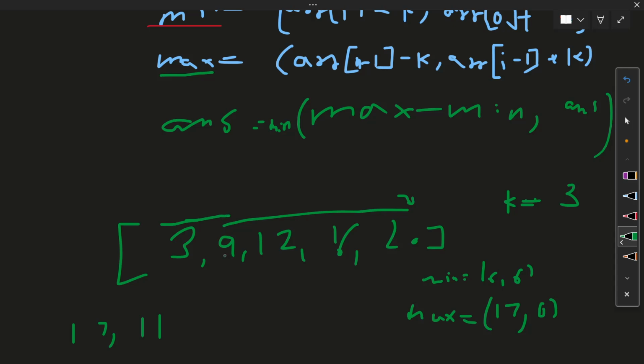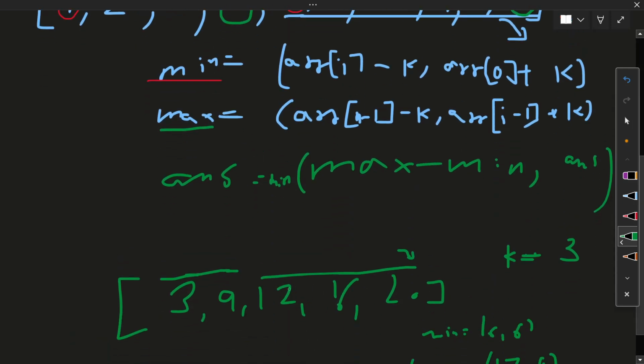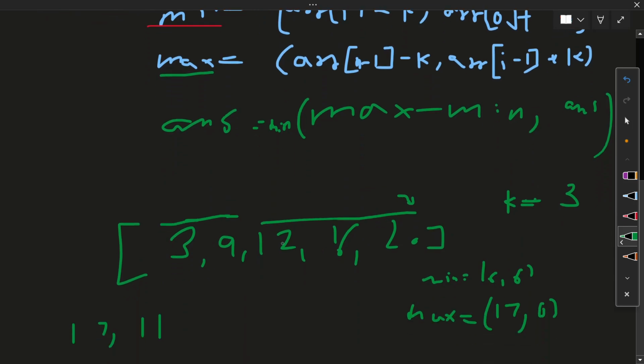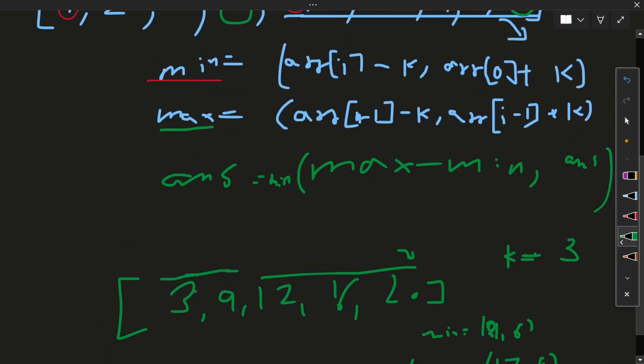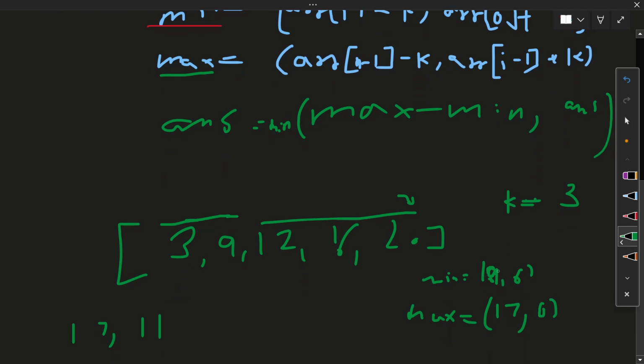So let's iterate from here to here. In this case, what will be our minimum value? This minus k will be 9, or 0 plus k, so this plus 3 is equal to 6 itself, and last minus k will be 17, or then we have this value plus k, so it will be 12.